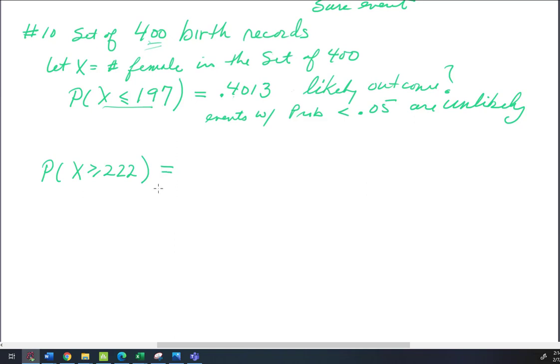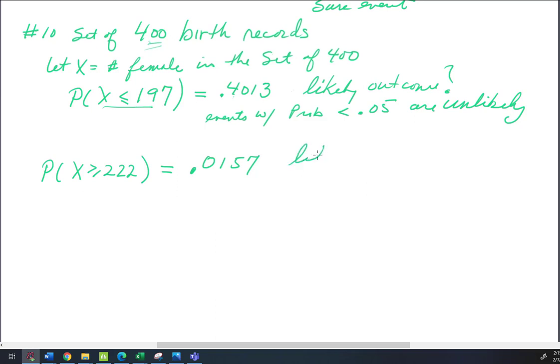I'm going to give you a second to think about what that number is. Write it on the palm of your hand. And then compare it with the actual probability, which is 0.157. How close were you?